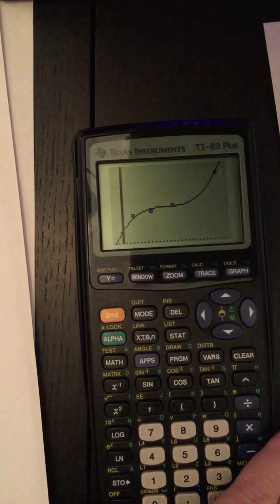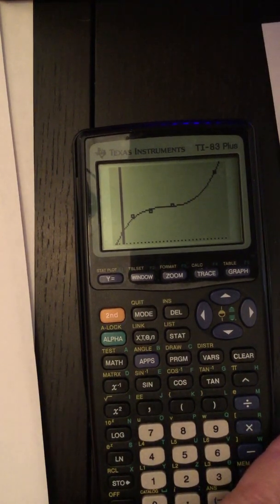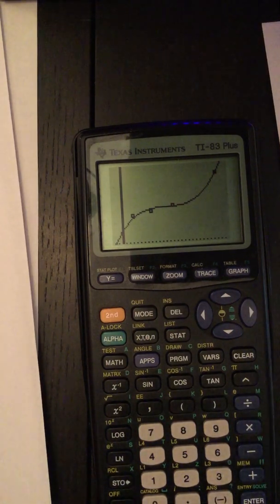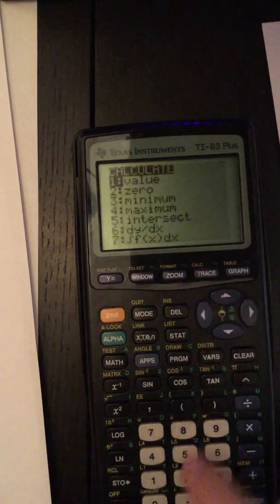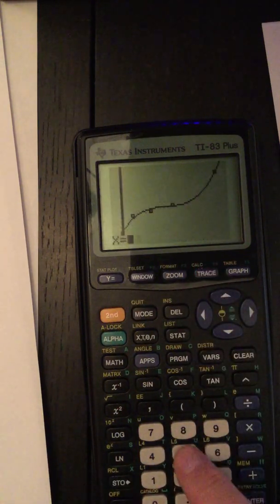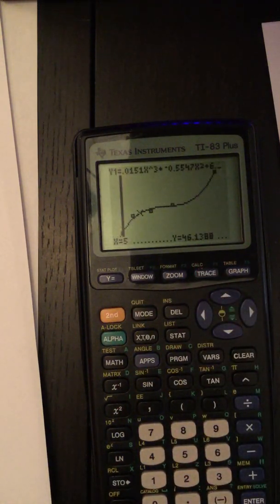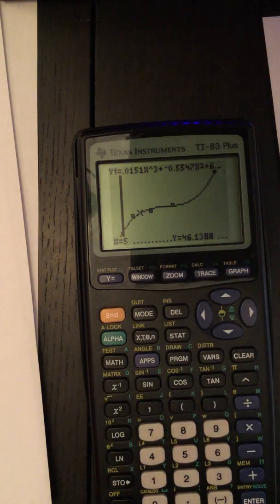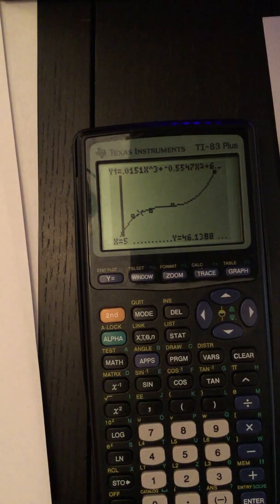So our x value will be 5, right? And so let's figure that out. So second function trace value, and we'll put in a 5, and I'll get 46.14 dollars, right? Because I can round that up, okay?